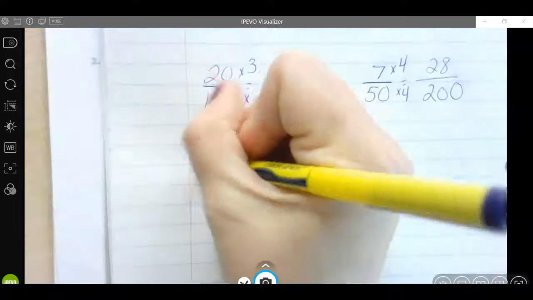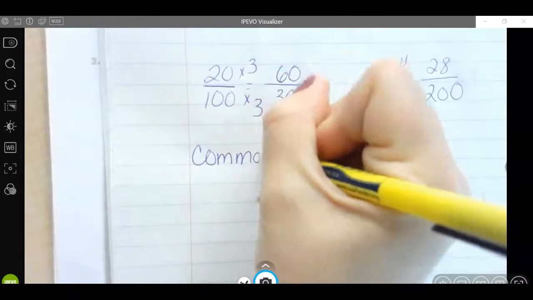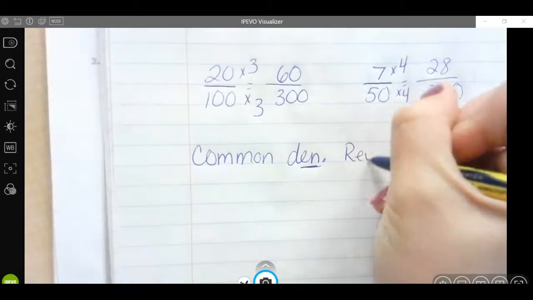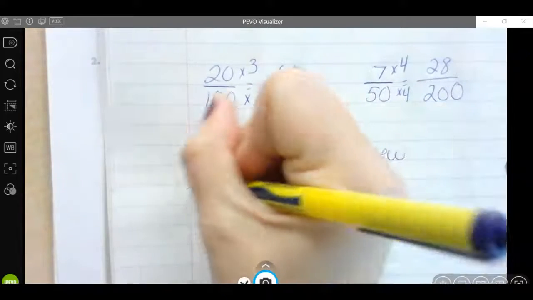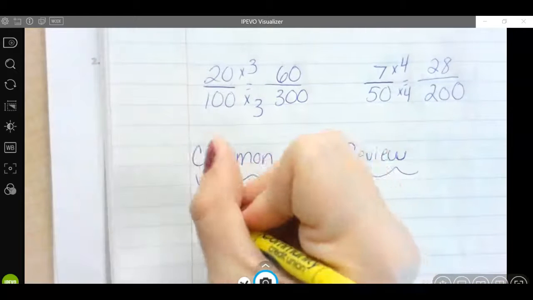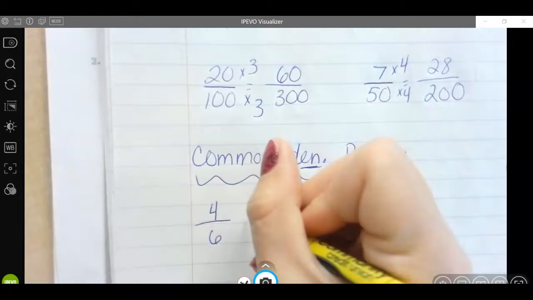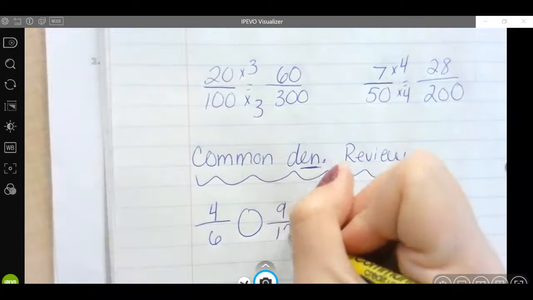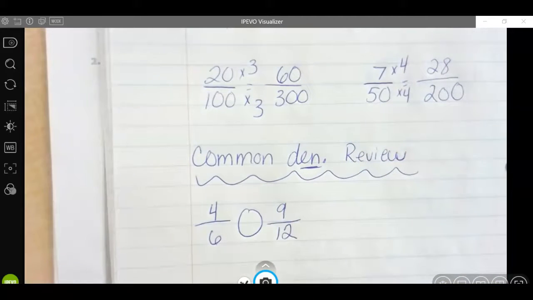Okay, let's do some common denominator review. So what does common mean?